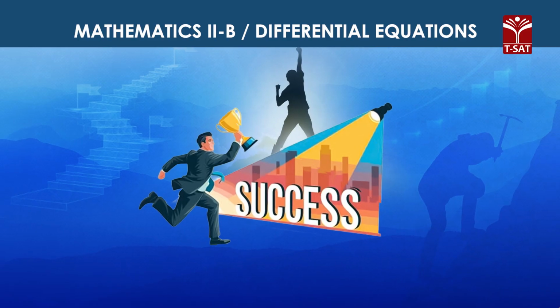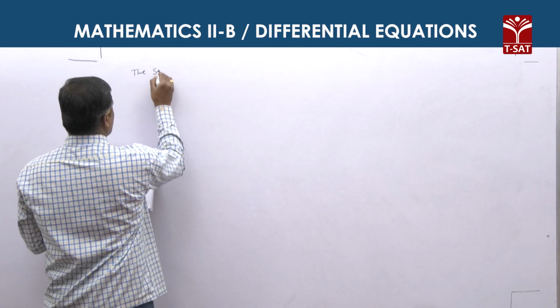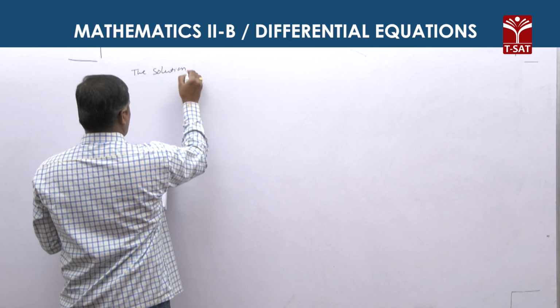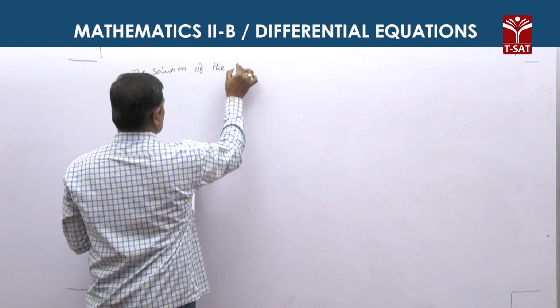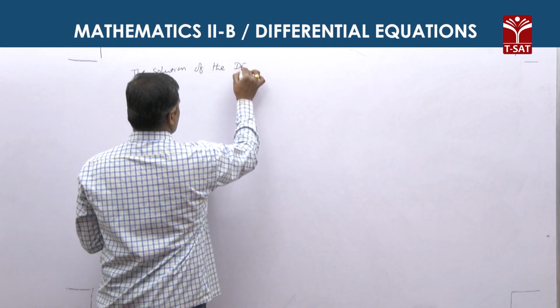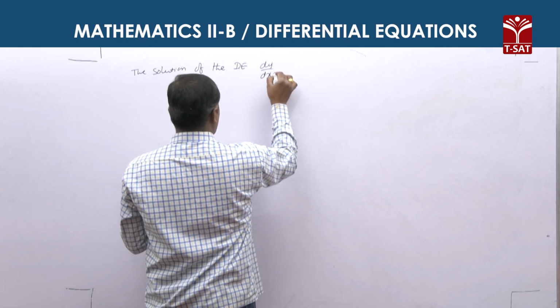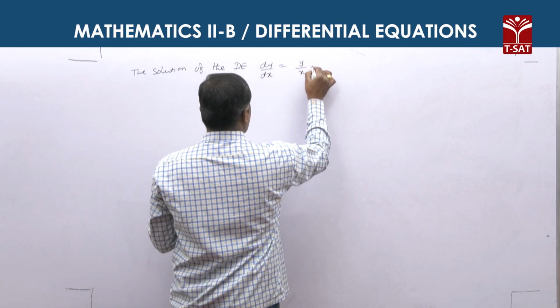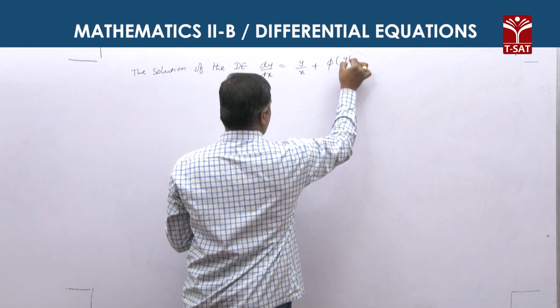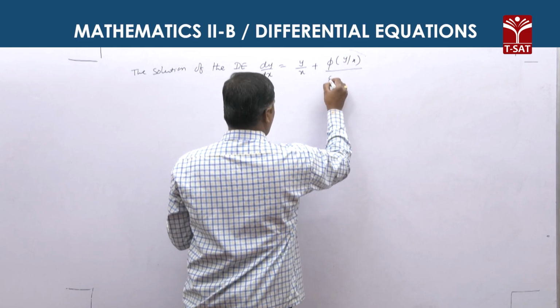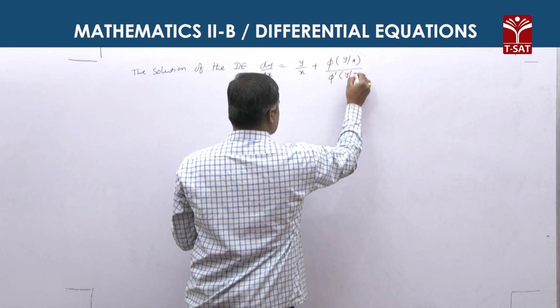Next problem: the solution of the differential equation dy by dx is equal to y by x plus phi of y by x by phi dash of y by x.